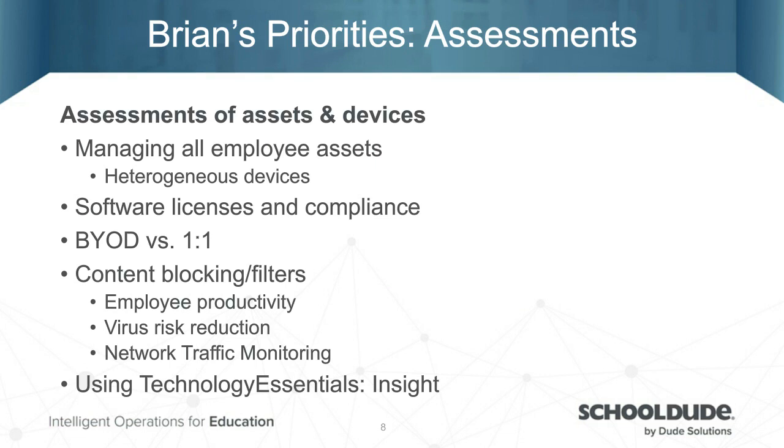So in terms of assessments, what does our internal environment really look like? Like I mentioned, we've got over 500 employees. We standardize a lot of our laptop, desktop and workstation builds.